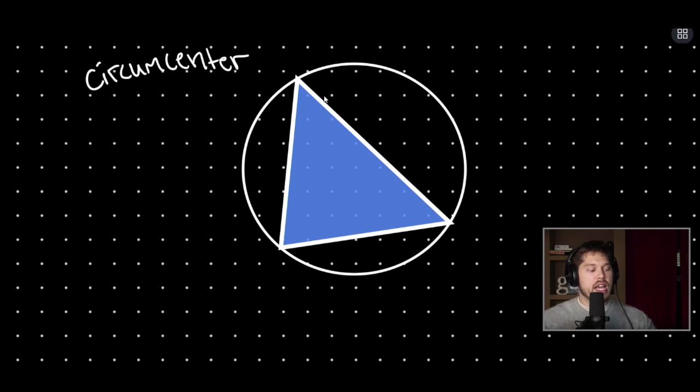It touches the points of your triangle. This is a triangle which is circumscribed by a circle. You know, the language is kind of funky, but this is what it is. And so we expect our circumcenter to fall at the middle of our circle, and that's about here.